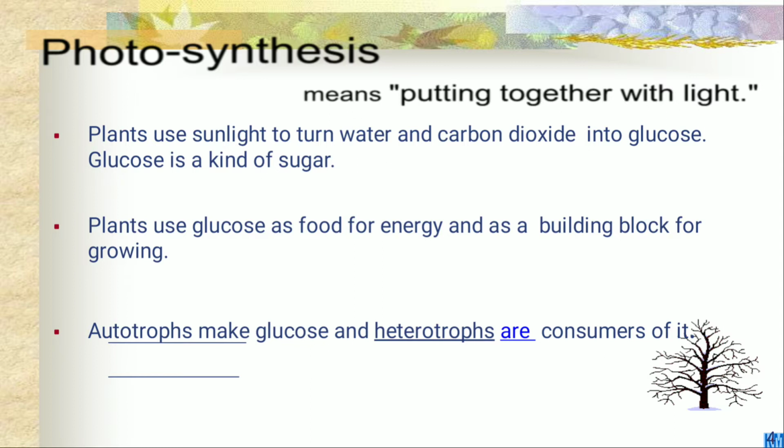Plants use glucose as food for energy and as a building block for their growth. Autotrophs make the glucose and heterotrophs are the consumers of it. We are the consumers and plants are the makers. You all understand what autotrophs and heterotrophs mean.